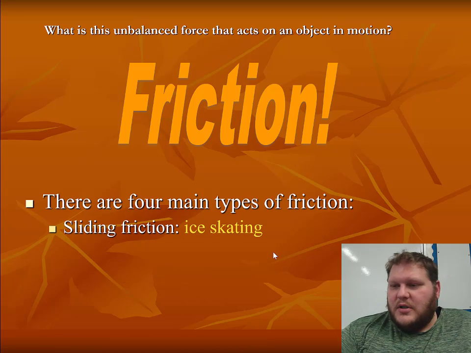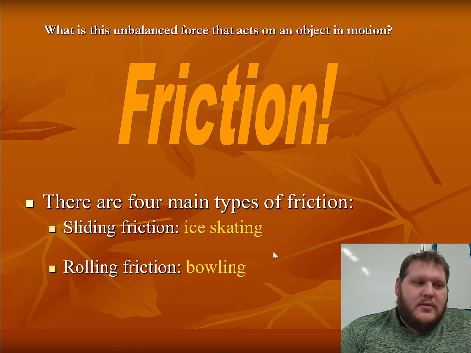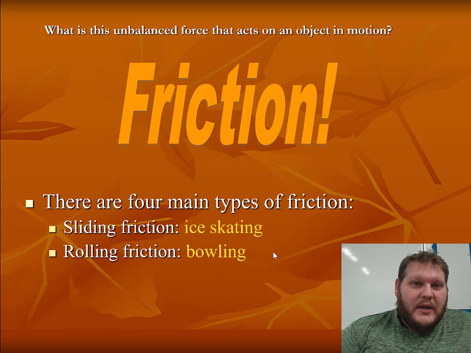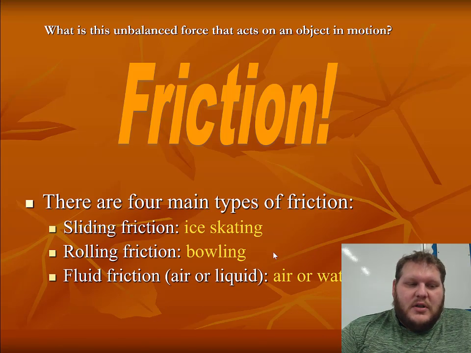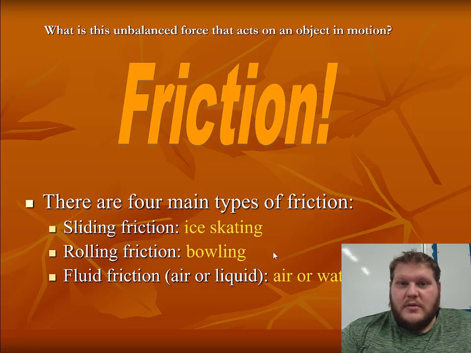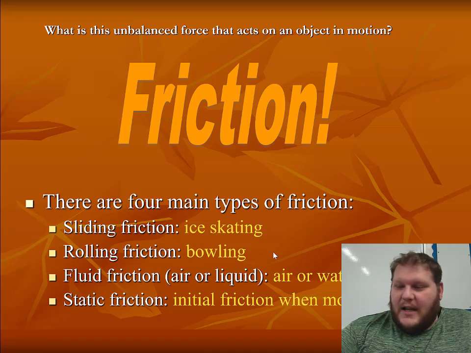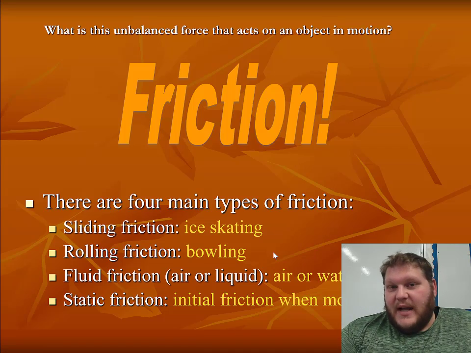We've got sliding friction, which I'll go through a little bit more. An example of that would be ice skating. Rolling friction would be like a bowling ball rolling along. We've got fluid friction, which could be air resistance or liquid friction, so like going through water resistance. And the last one is static friction, which is an initial friction when moving an object.